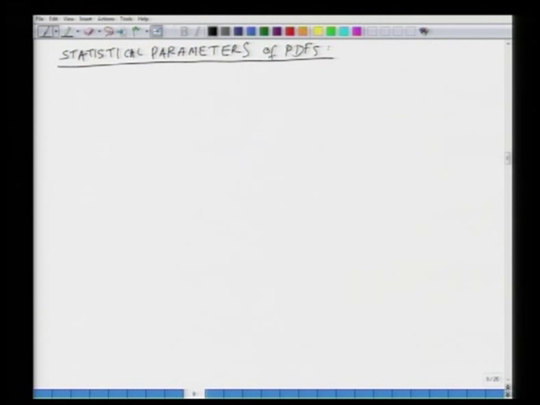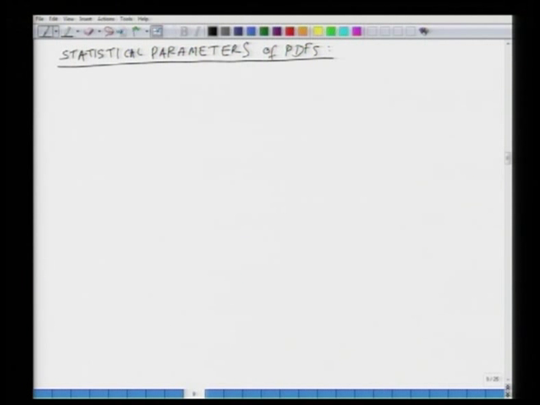All right. So, the next thing we will do is what is called the statistical parameters of PDFs, of course. How do we characterize these PDFs? We do that by using many statistical parameters, and we will look at 2 or 3 of these parameters.